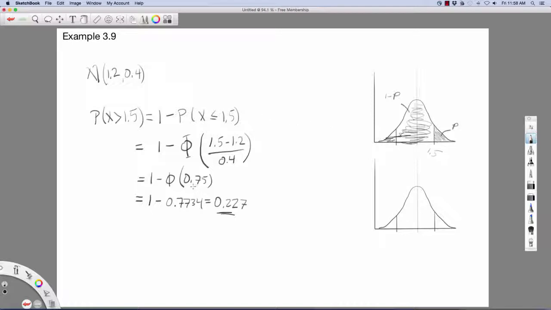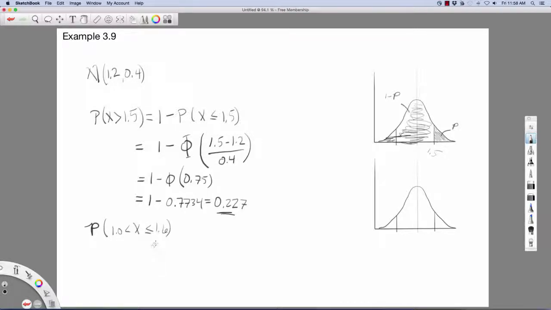The second part asks, also of related interest, the probability that the drainage during a storm will be between 1.0 MGD and 1.6 MGD. In notation, we're asking for the probability that x is between 1.0 and 1.6.